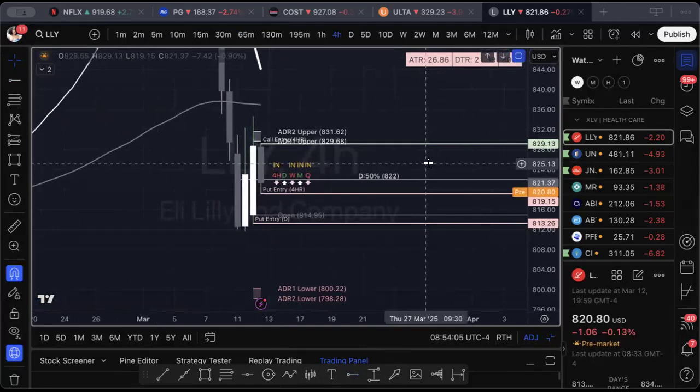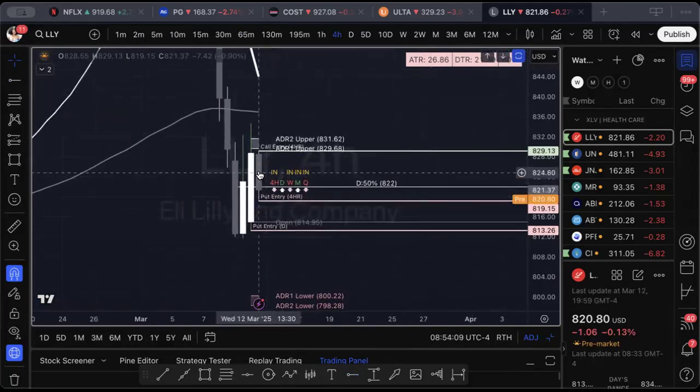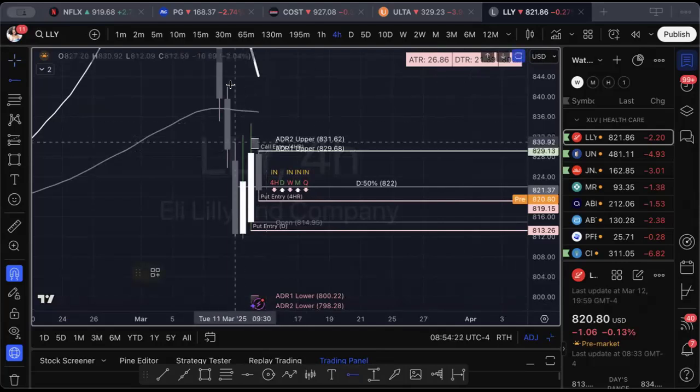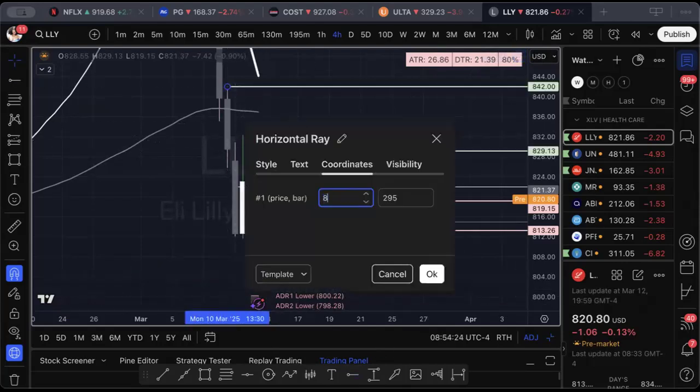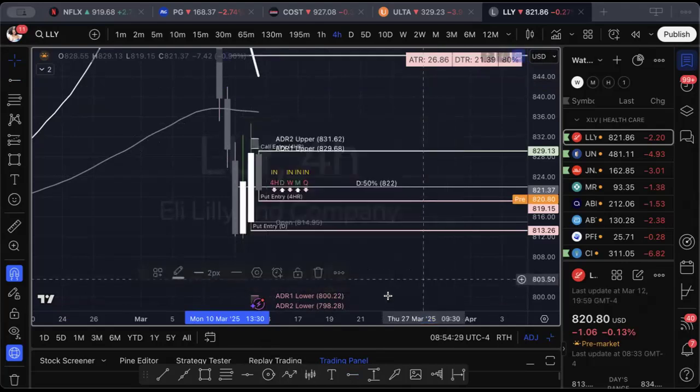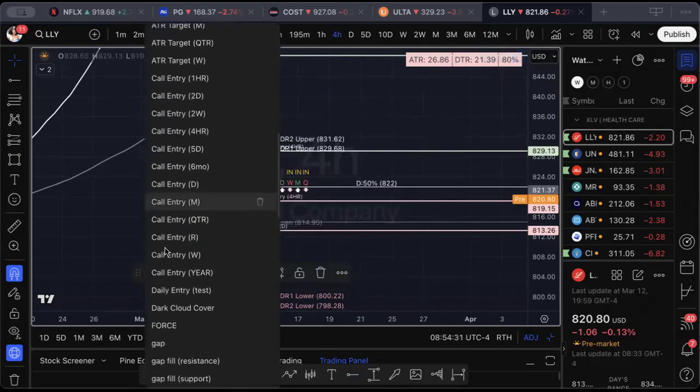All right, great. And now, as always, we have to figure out what our magnitude is going to be. So let's go ahead and do that now. All right, so to the upside, we are looking at 848.23. And that's going to be our ATR target.